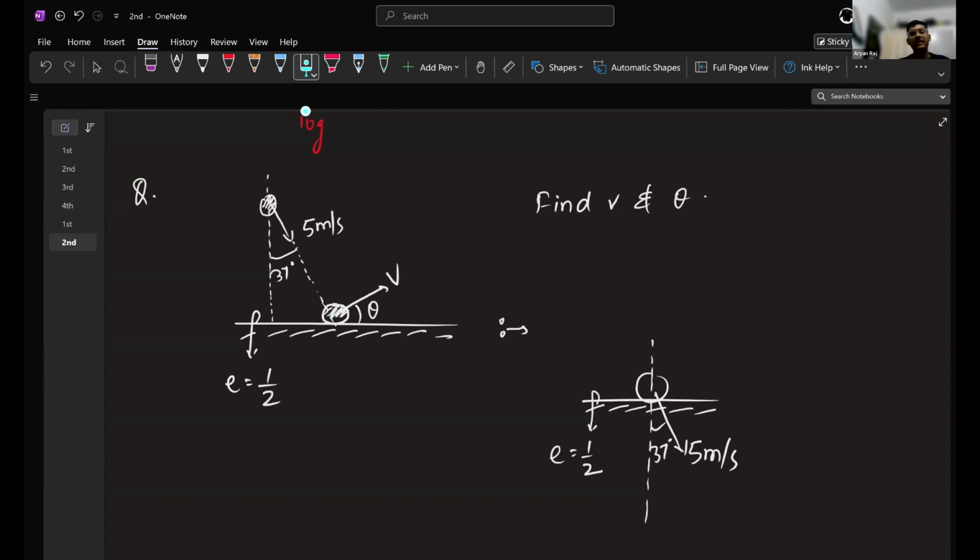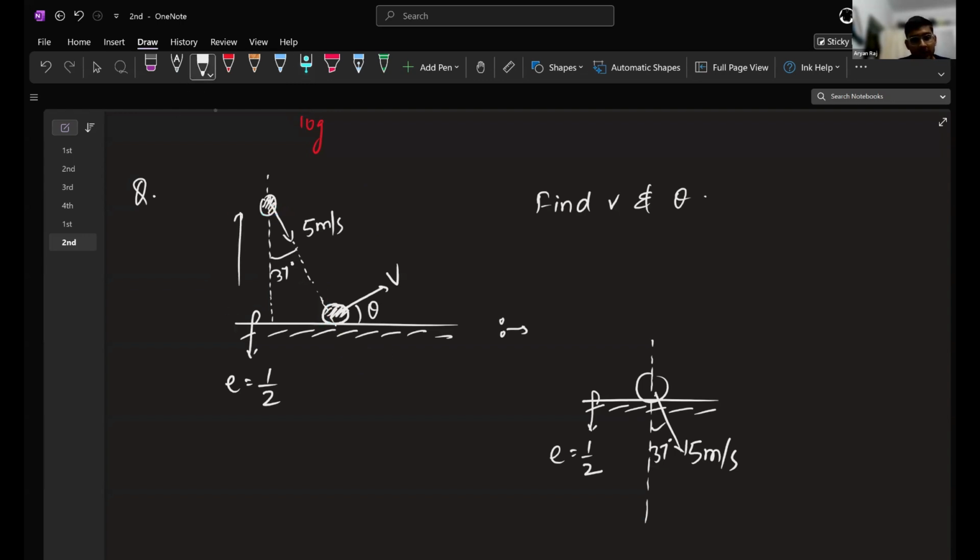When it falls with 5 meters per second from some height, the vertical velocity will increase, because there is acceleration due to gravity. So this condition is valid for this point only, where it is 5 meters per second, not at some height.